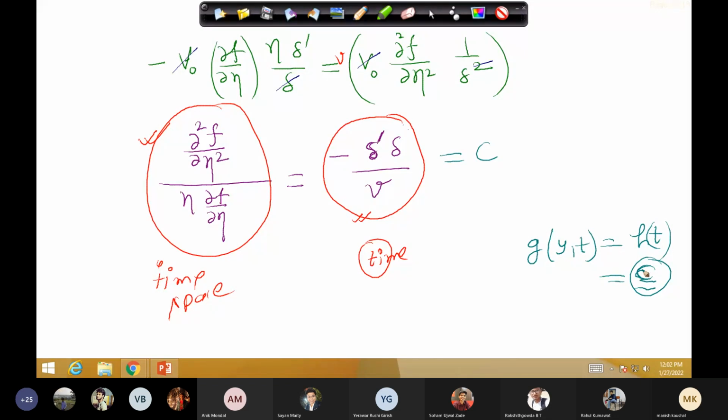Acha, constant of what, by the way? If I am saying g of y and t equal to h of t, when is it possible? Constant with respect to both y and t or with respect to only y? Manish? With respect to y. Y only. So it can be a function of t. So remember, it's a constant, but constant with respect to y.